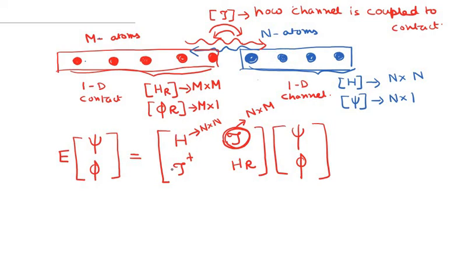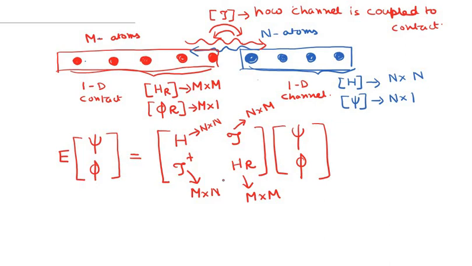Okay. Similarly, this tau dagger is basically an m cross n matrix, and this Hamiltonian HR is basically an m cross m matrix. Okay, so this is kind of equivalent to Schrodinger's equation for the entire system consisting of the contact atoms and the channel atoms.